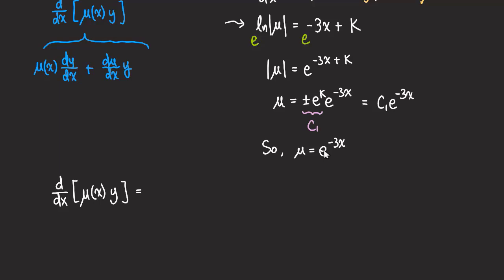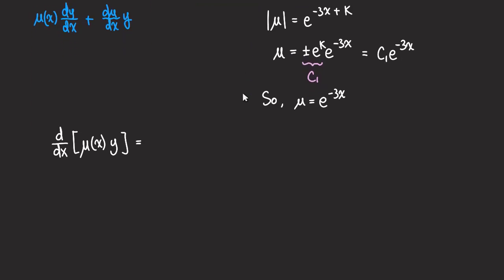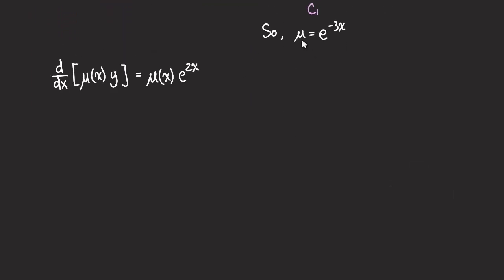Mu of x e to the 2x. So now we can replace mu by e to the negative 3x here. So we get the derivative of e to the negative 3x times y equals e to the negative 3x times e to the 2x.